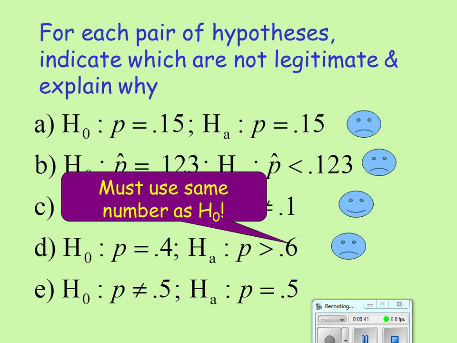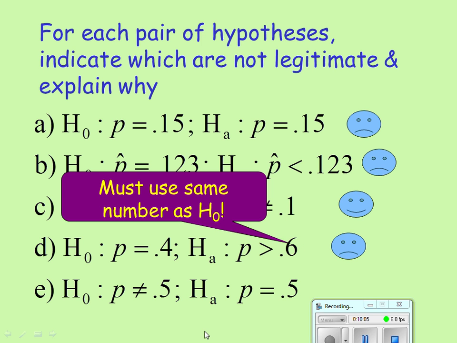No. Now the reason why, again, you must have the same value. It really doesn't make sense. Your alternative hypothesis has to talk about the same percent. If not, you're talking about something different, and you can't do that.